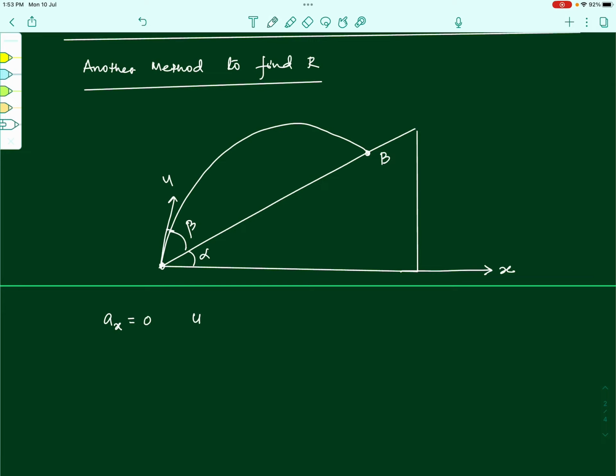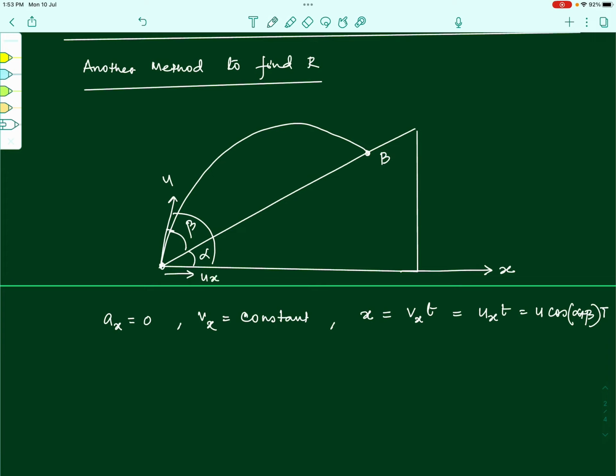So, it moves with a constant velocity. This remains constant, not ux, vx remains constant. The velocity along the x-axis remains constant, and hence the displacement along the x-axis is simply vx times t, which in this case will be ux also times t, which is u cos alpha plus beta times t, right? Alpha plus beta becomes this total angle and it gives us the component of the initial velocity along the x-axis.